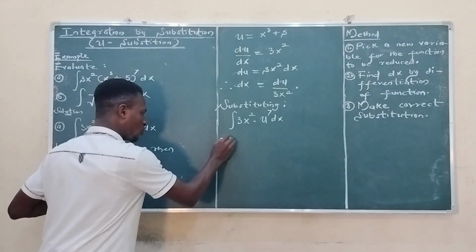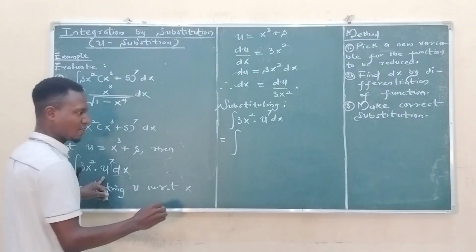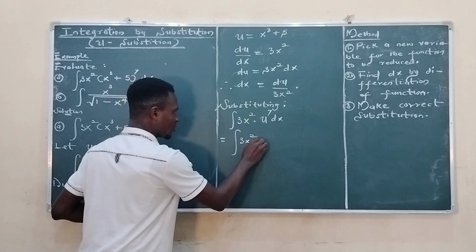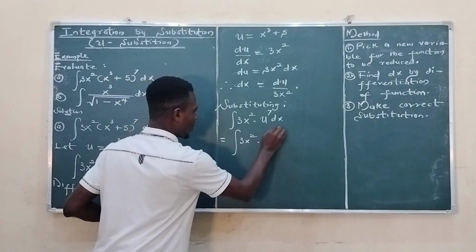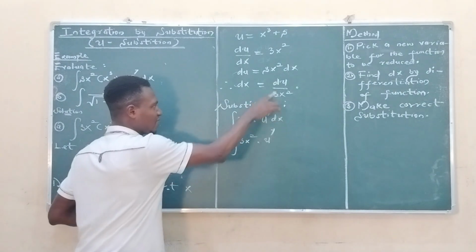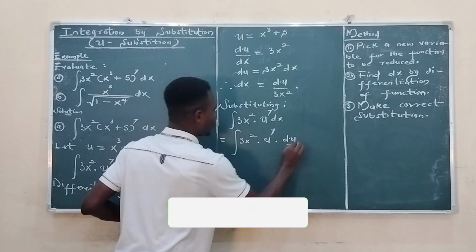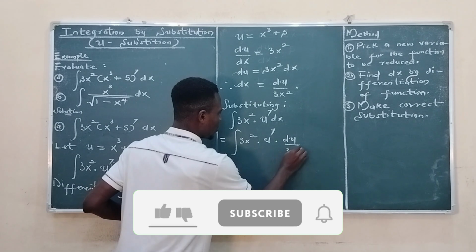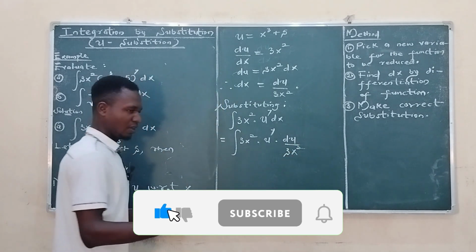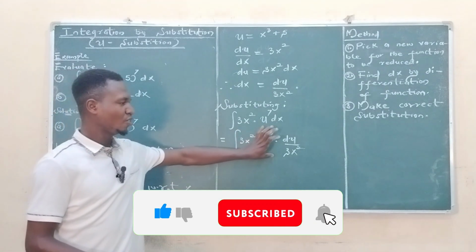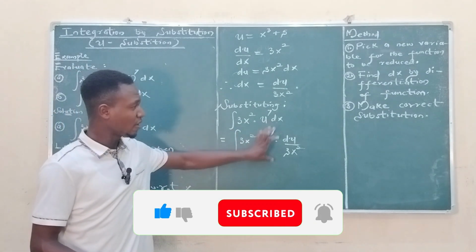This is equal to, by substitution, 3x raised to the power of 2 times u raised to the power of 7, and dx is given by du all over 3x squared. Easy. Now, this is a term, correct? u raised to the power of 7, another term.